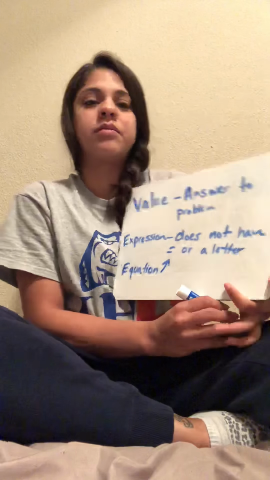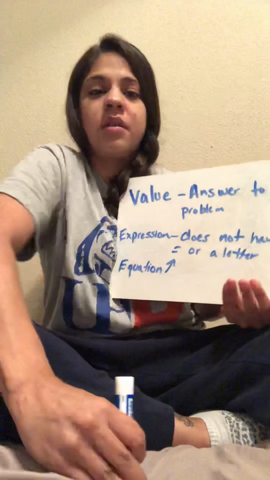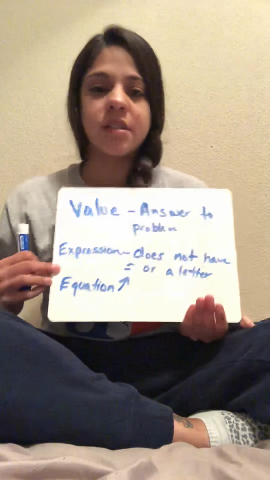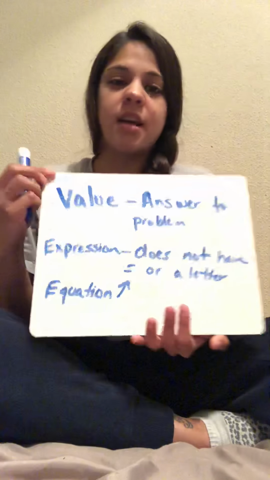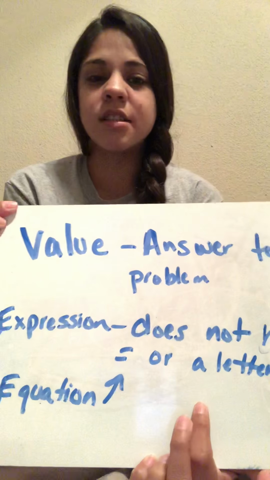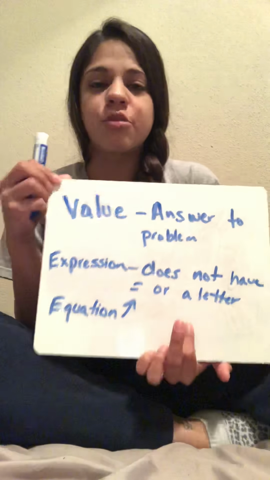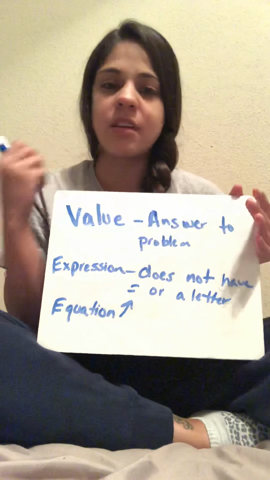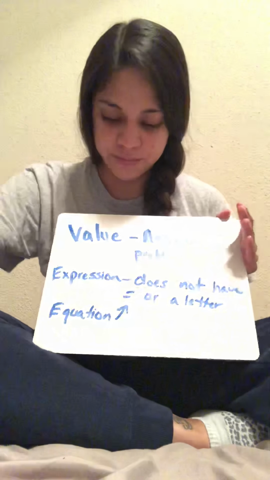That's the difference between the two. Now what you're dealing with is expressions. So it's a series of numbers that has multiplication, division, addition, and subtraction, but does not have an equal sign or a letter.